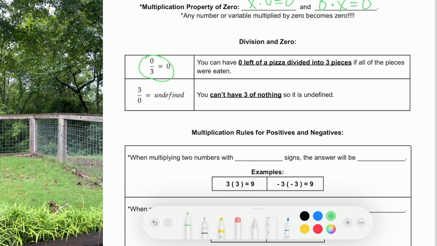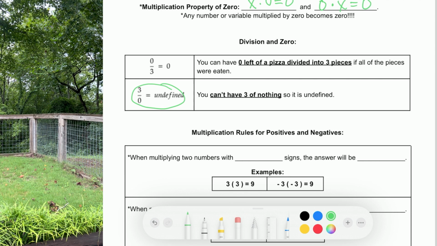But then somebody ate the 3 pieces. You can have 0 left of a pizza that had been divided into 3 pieces if all of those pieces were eaten. So you have 0 thirds. Basically, that's how that fraction would be read. That makes sense. So you would simplify that to 0. You have no pizza left. It's all gone. It's all been eaten.